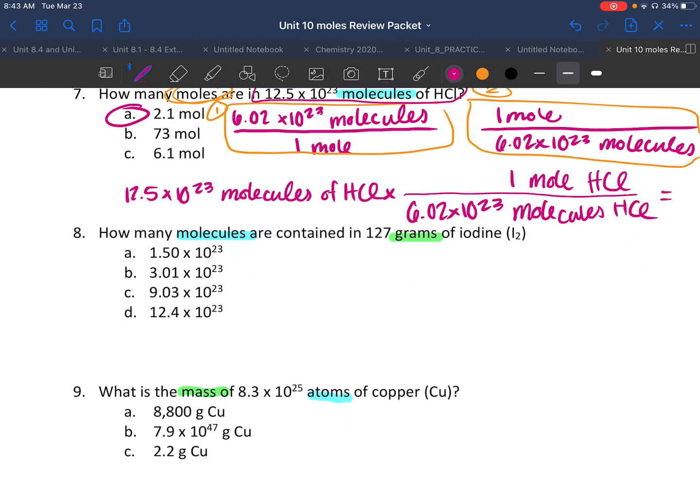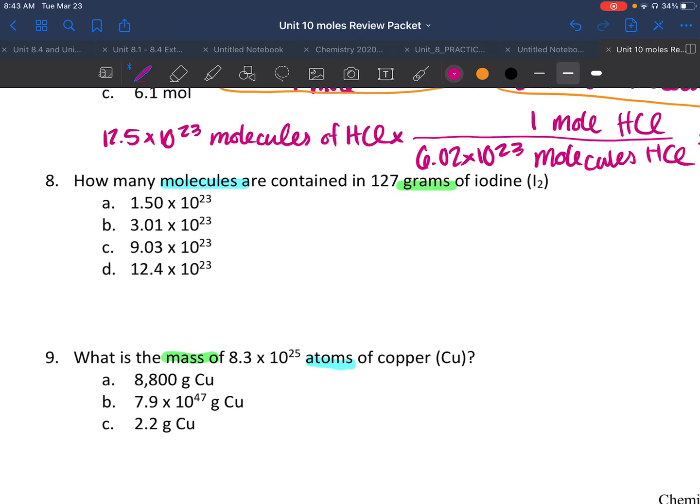All right, so starting with number 8, this is our first 2-step problem here. And so the key is, when you read this problem, does it mention moles anywhere? No. So we know at some point, before we can get to the ultimate target, we need to go to moles first. So I always like to think about what my track is going to look like. Well, what number are we starting with?